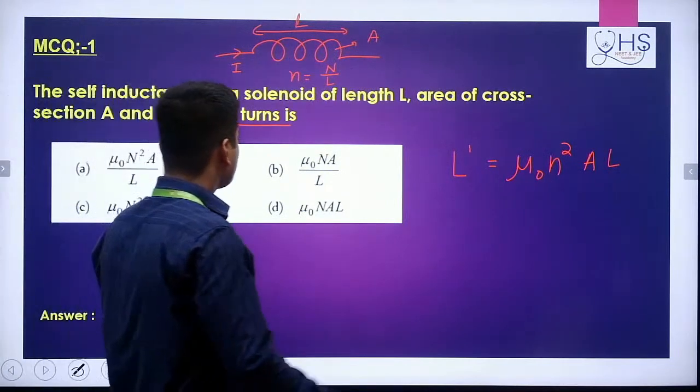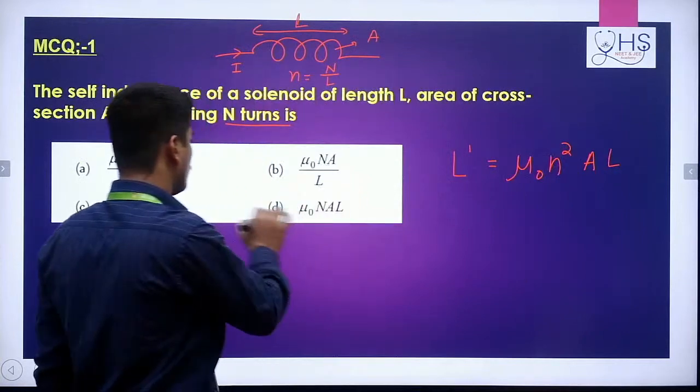Now see, here it is small n squared, but nowhere is small n given.